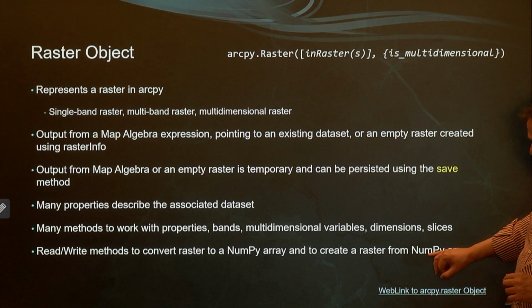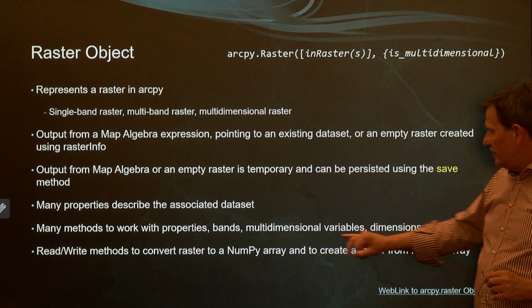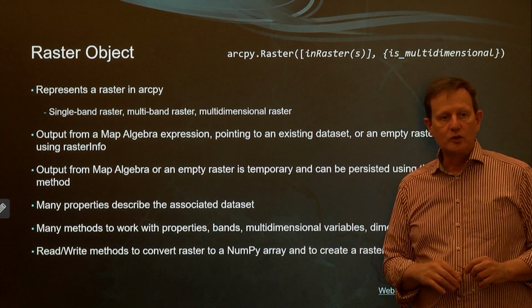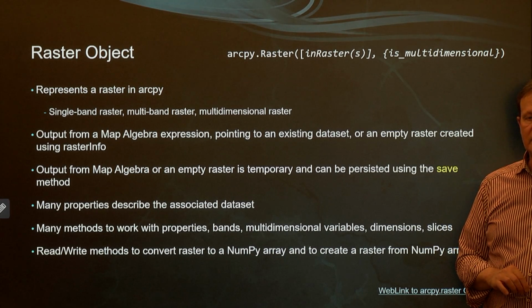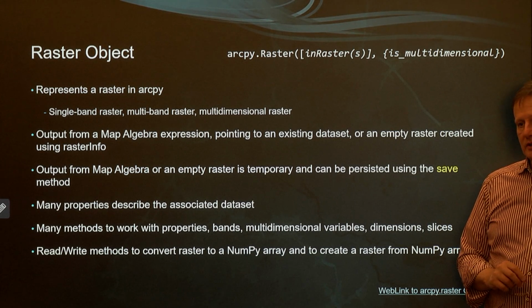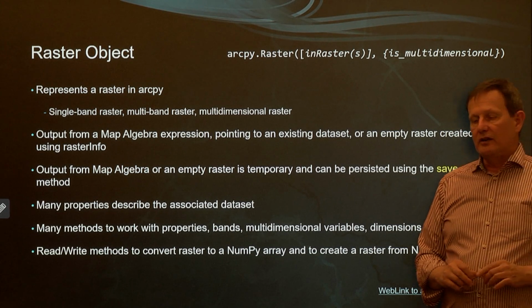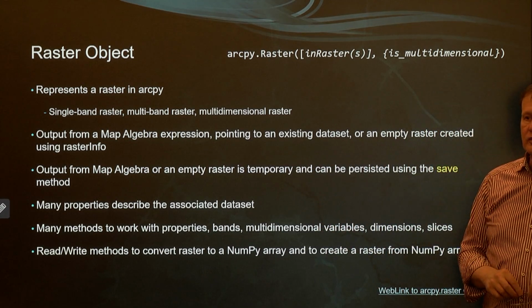A very important concept that we have in many places, you might see it or you might not, is the connection to NumPy. For those of you who are aware of it, that's basically the array handling of Python, numeric Python. A raster is a collection of pixels, so usually it can be interpreted as an array.